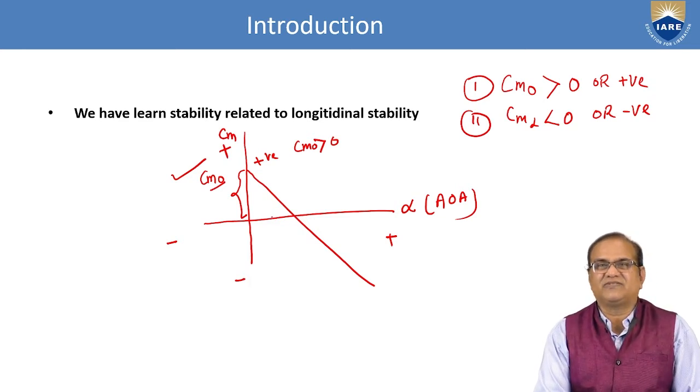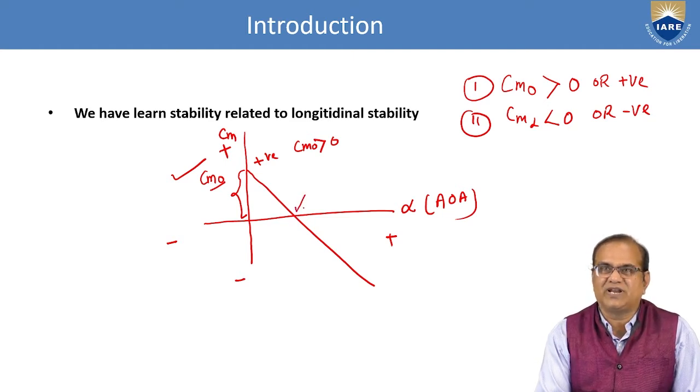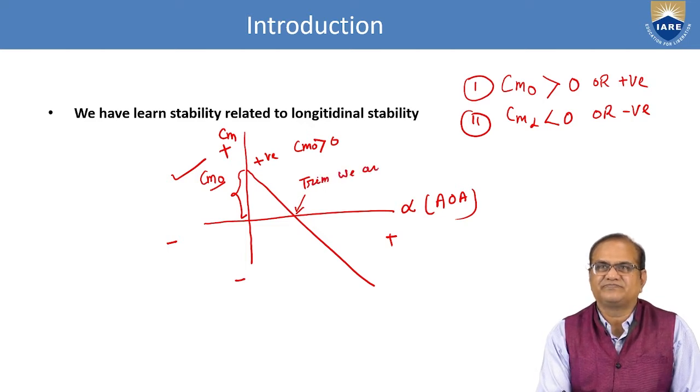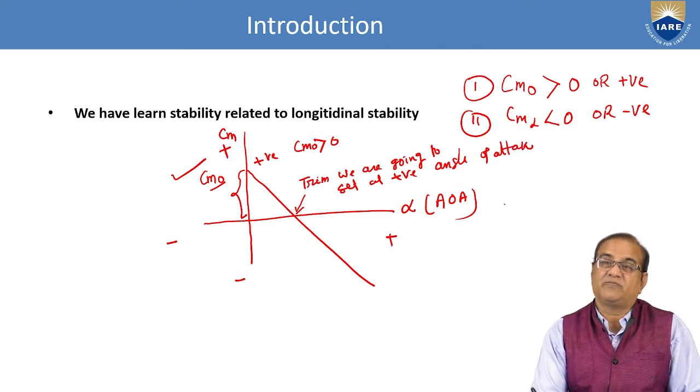What is the advantage of Cm naught positive is that we will get a trim point. This one is called the trim, and we are going to get it at a positive angle of attack. That is also a benefit of Cm naught positive.